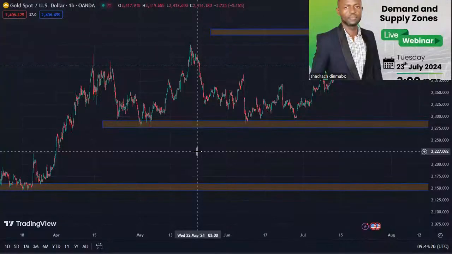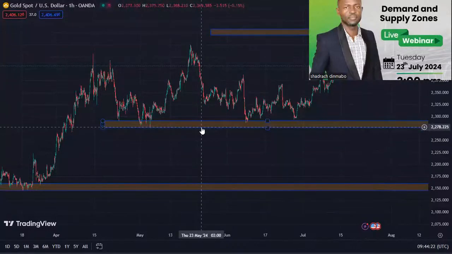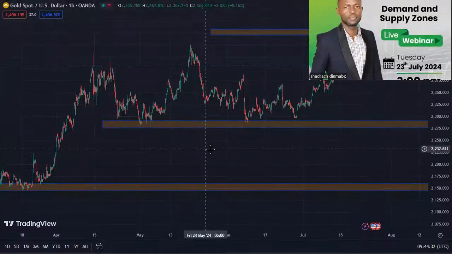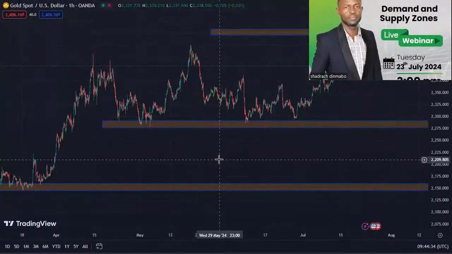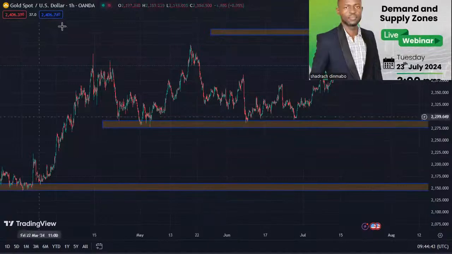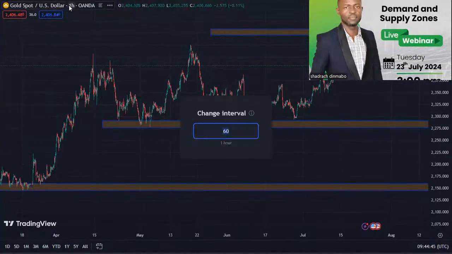Of course, zones seem to be stronger if the retracement is deeper. And zones also seem to be stronger at a higher time frame. Like now we can go to the 1 hour, if we like.